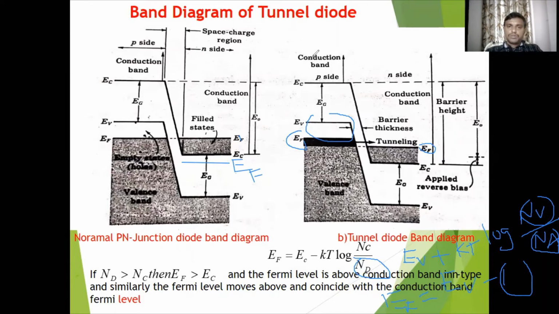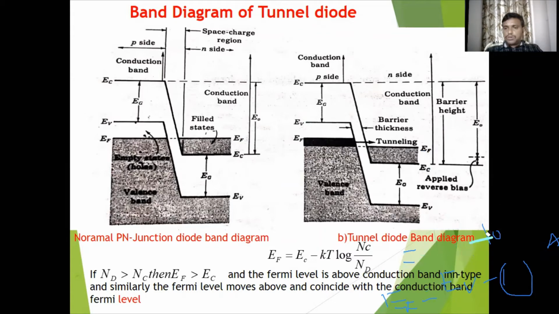So I will erase for 1 minute. This is the difference between the band diagram of a normal p-n junction diode and the band diagram of a tunnel diode, because it is heavily doped.